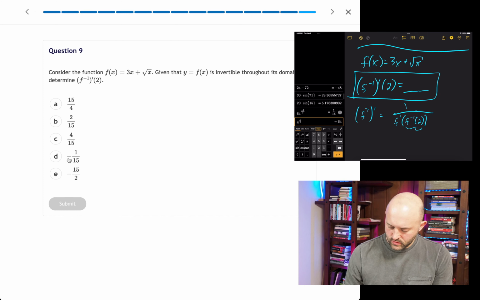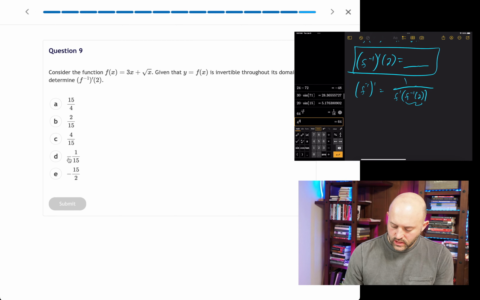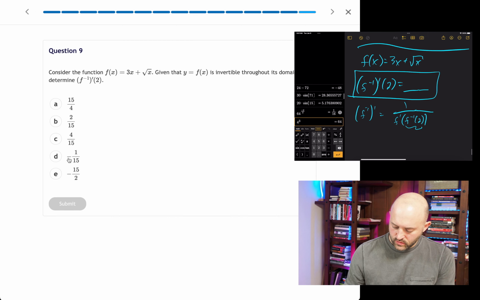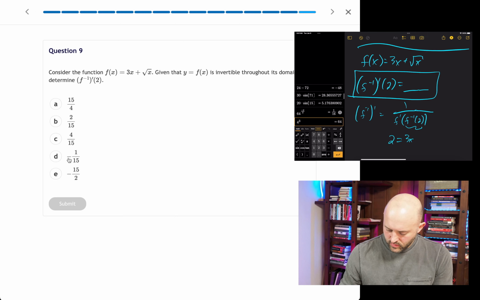Okay, so what's the f inverse of 2? It's when this function equals 2, 3x plus root x, so what is this?